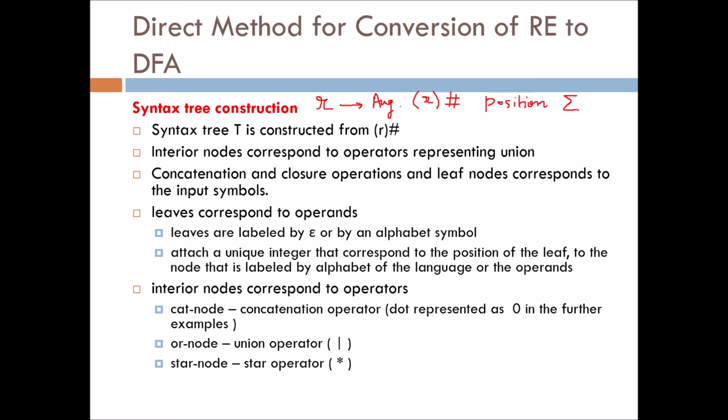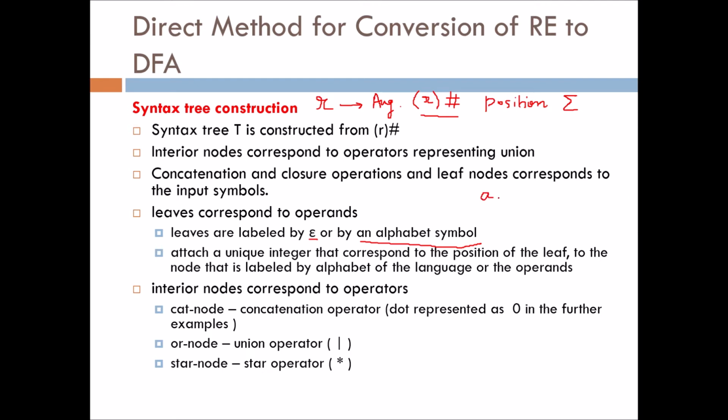And the tree which will be constructed based on the augmented regular expression can have leaf nodes which will be either epsilon or any symbol belonging to the alphabet set. So what is an alphabet set? It is the input symbols which a particular regular expression can have.